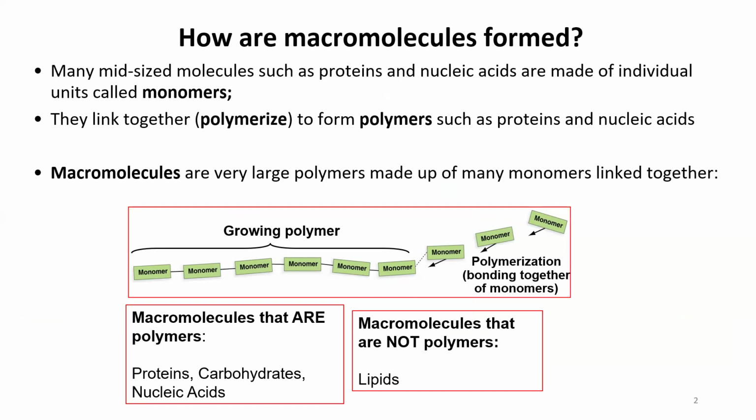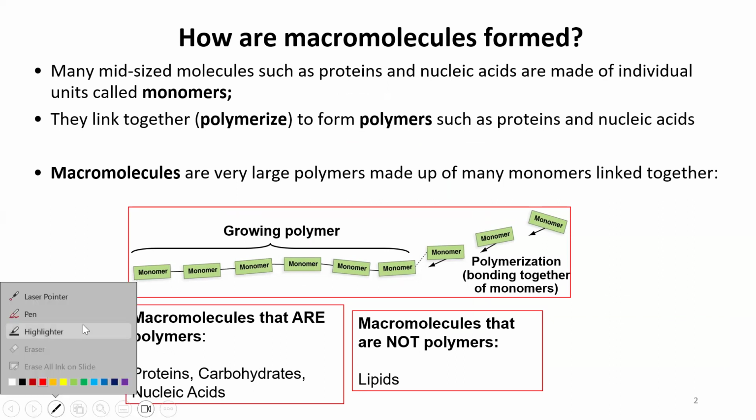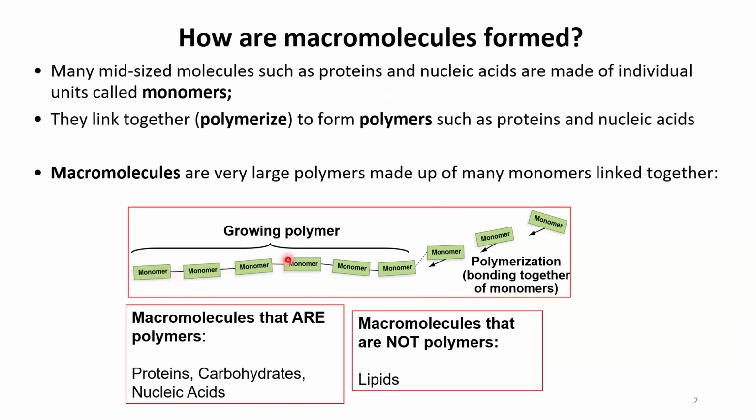From the mid-sized molecules that we've learned, these macromolecules are made of individual units called monomers, which link together, basically polymerizing, and form big polymers such as proteins and nucleic acids and carbohydrates, and so on.